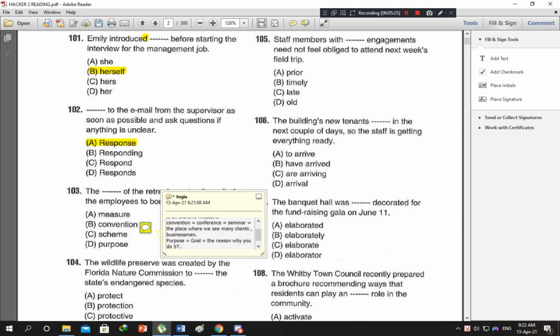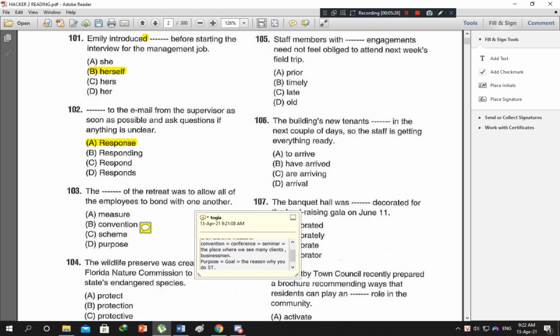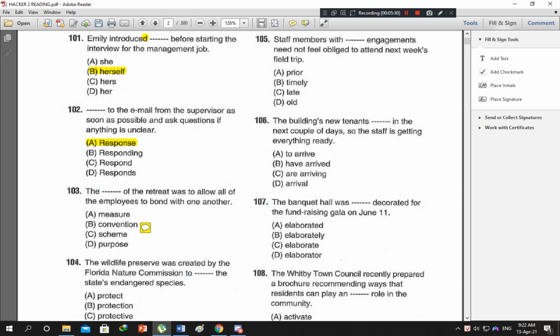So right here, if we look at the sentence, we have to translate: the something of the retreat is to allow all the employees to have a better relationship with each other. So it's the purpose of the trip. So definitely it's going to be D.